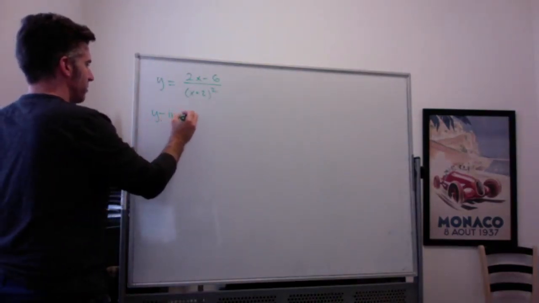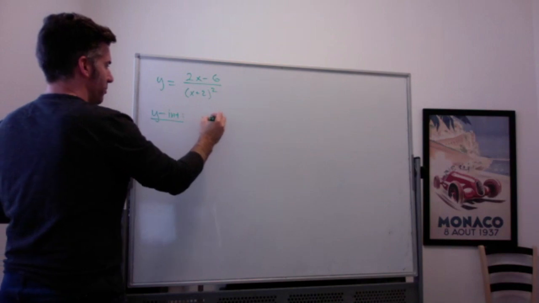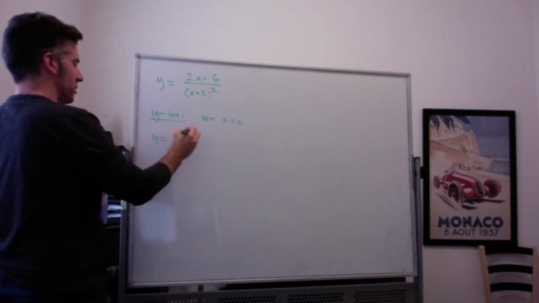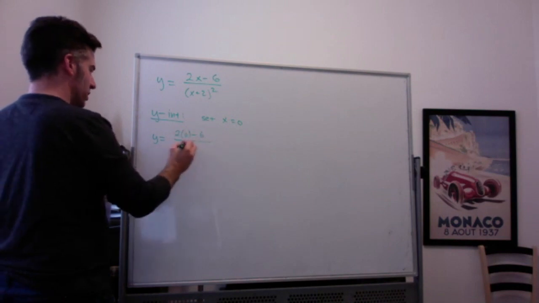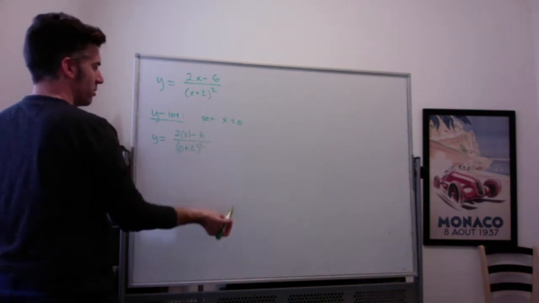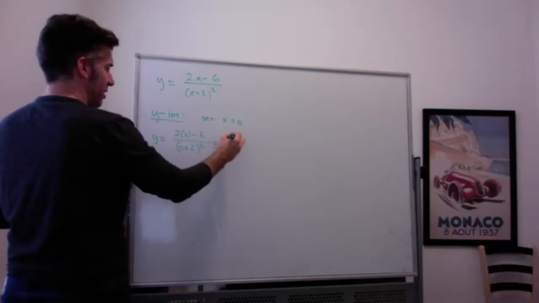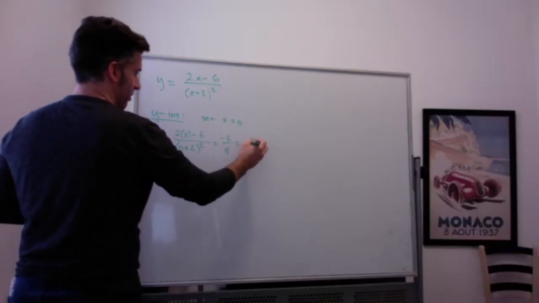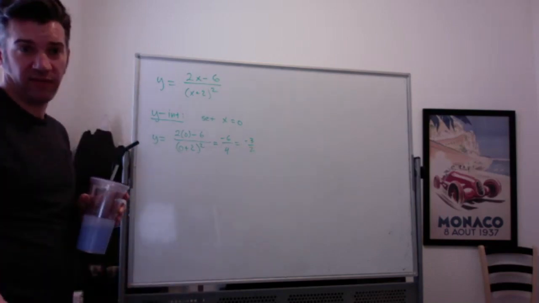Y-intercept. Set x equal to 0. Y is going to equal 2 times 0 minus 6 over 0 plus 2 squared, which is negative 6 on top, 2 squared on the bottom. That reduces to negative 3/2, or negative 1.5 if you like a decimal.